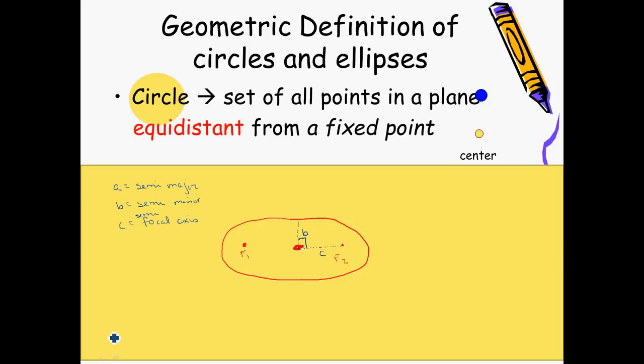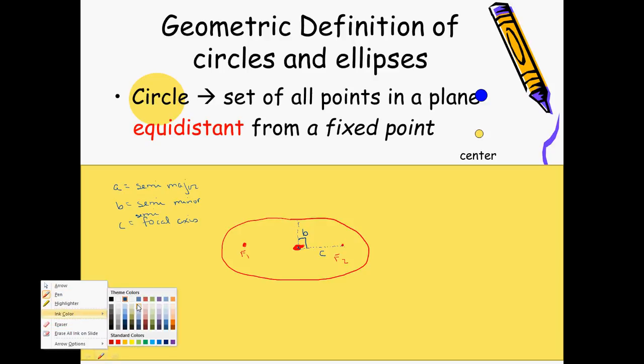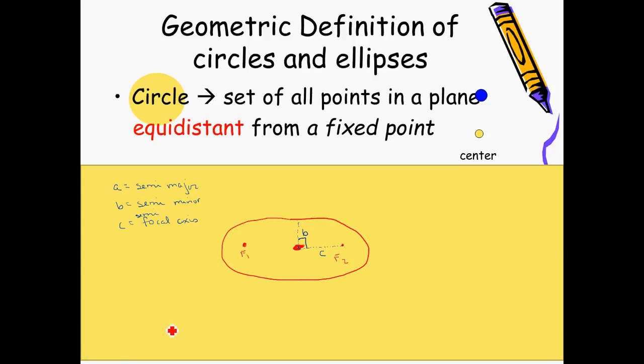But can you agree with me that no matter what, B and C can duke it out, but A will always be the longest of all three of these, right? Because A goes from the center through the focal point, because the focal point is always on the major axis, and goes past it out to the vertex, right?